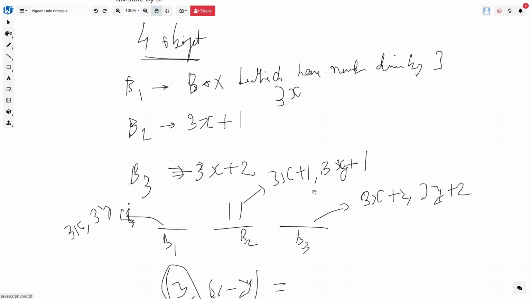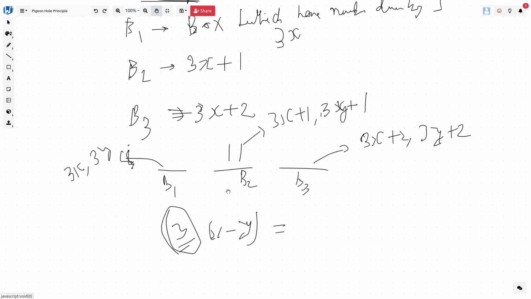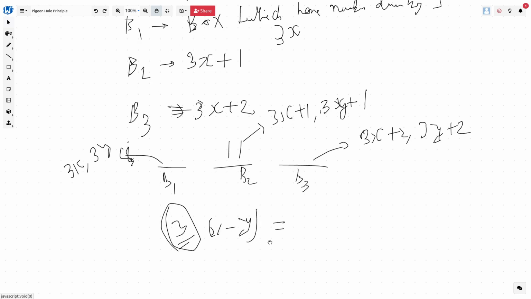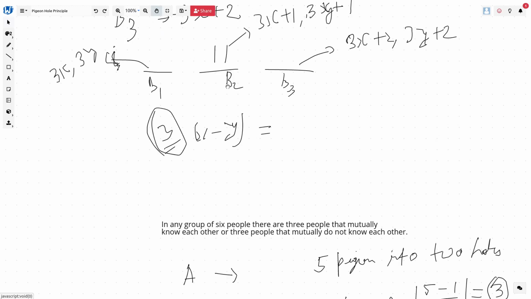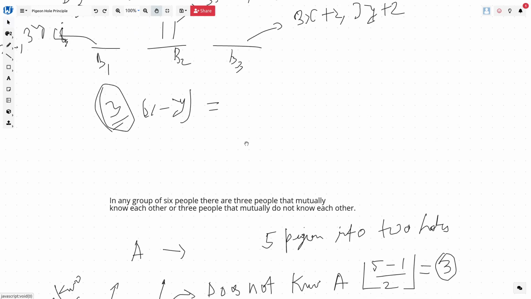Similarly, if B3 is the box where 2 integers fall, they will be 3x plus 2 and 3y plus 2. Similarly, if B1 is the box, they will be 3x and 3y. If you take the difference, it will always be 3 times x minus y, meaning it is divisible by 3, right? So this is one of the basic examples of proving something using the pigeonhole principle.